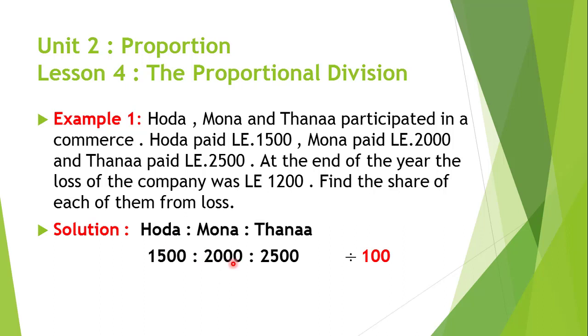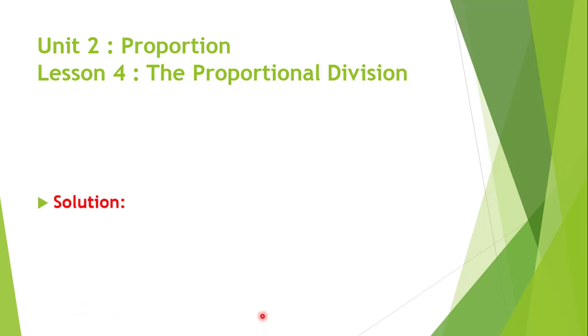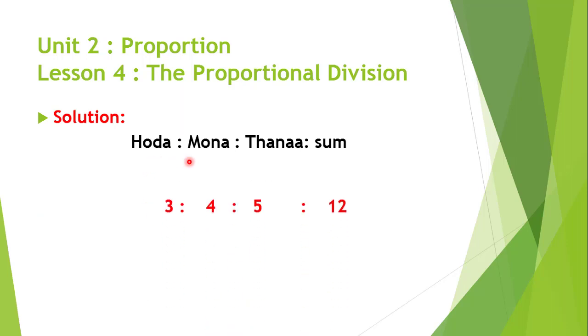Here we have 2 zeros, unit and tens, so I can divide by 100. The result will be 15 to 20 to 25. We can simplify. We can divide by 5. So 3 to 4 to 5. So this is the first step, to write the ratio among the 3 numbers and simplify. So Huda, Mona and Sana, the ratio among them 3, 4 and 5.